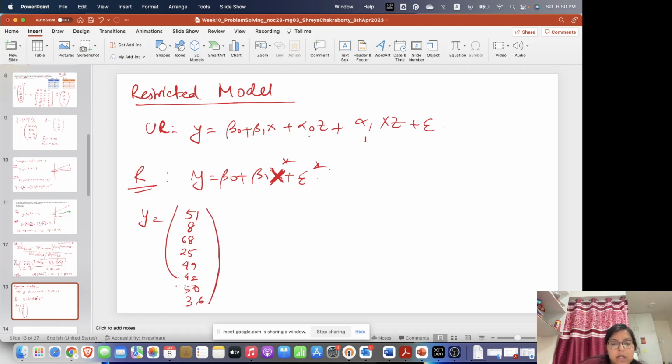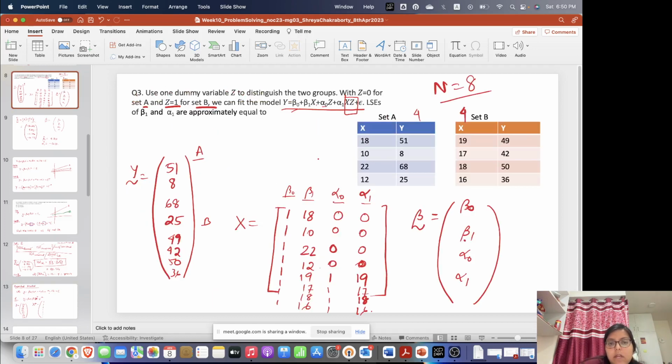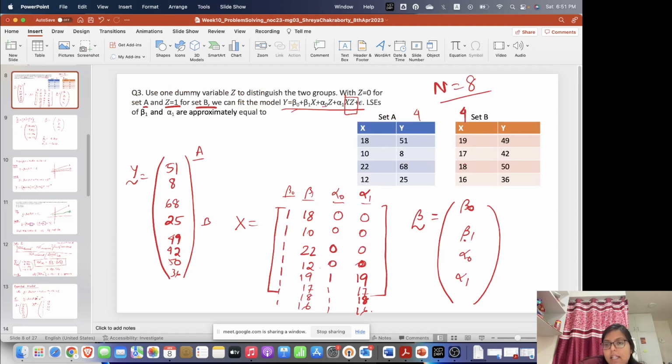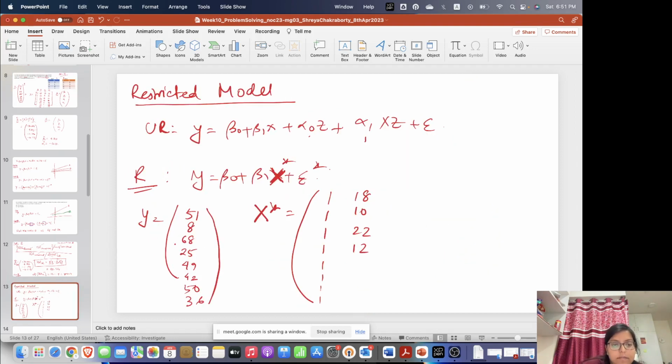So this was whatever we had for y. Now x star would be only the intercept column and the x column. So first we had written a and then b. Similarly we are going to write this 18, 10, 22, 12, and then the rest 19, 17, 18, 16.